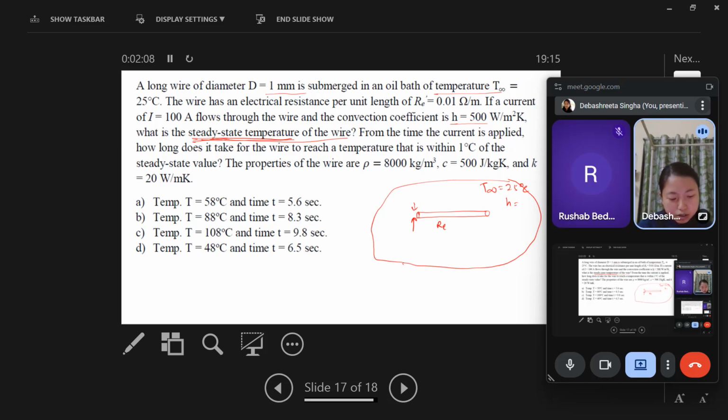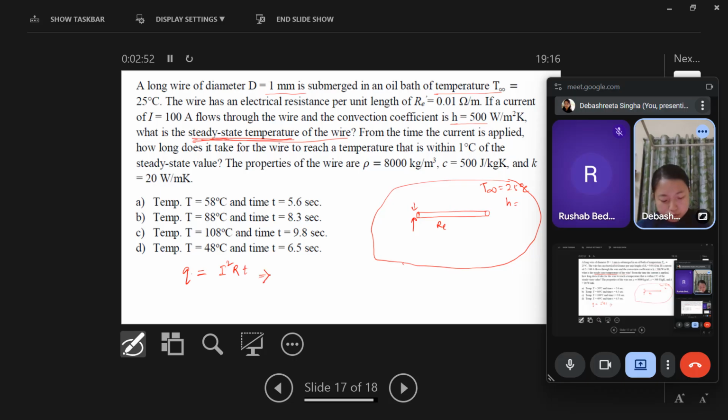So how much is the heat generated? Because of the electrical current supply, there is heat generated in the wire. For current, heat is given as I square R T, right?